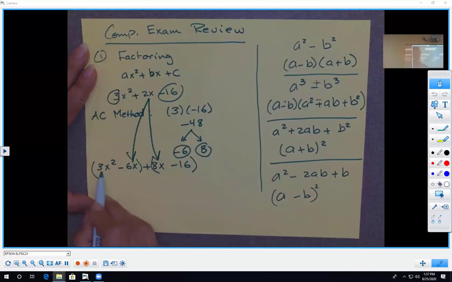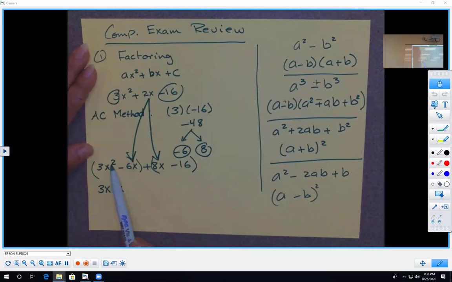So I will have a common factor inside the first parenthesis, and the greatest common factor is 3x. I'm going to pull it outside from these 2 terms. That will leave me with x from the first term. When you take the 3 outside, it's not there anymore beside the x. And the x squared, when you take one x outside, the other x will stay.